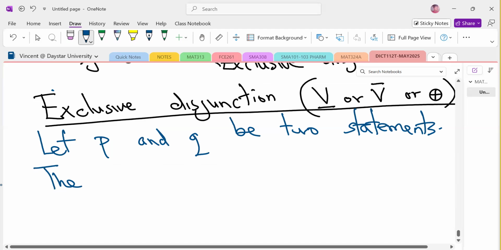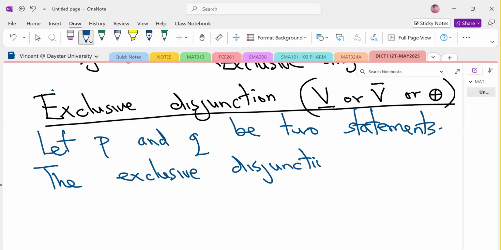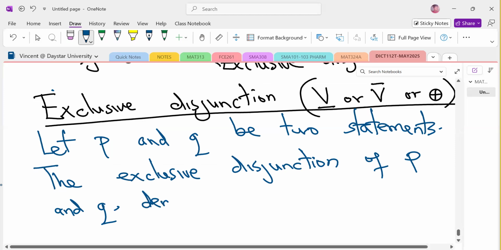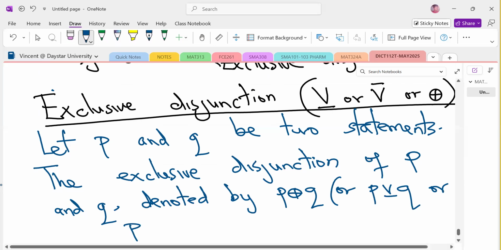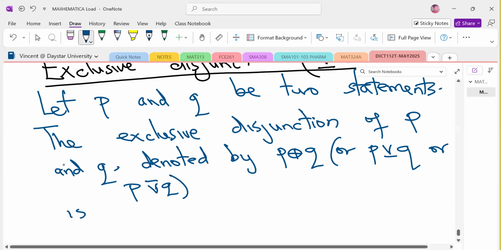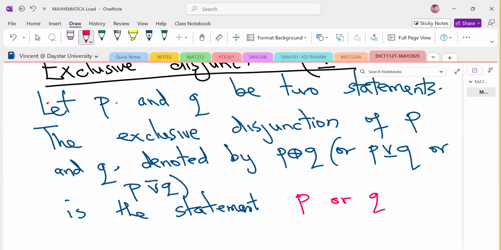The exclusive disjunction of P and Q, denoted by this symbol, is the statement P or Q but not both.